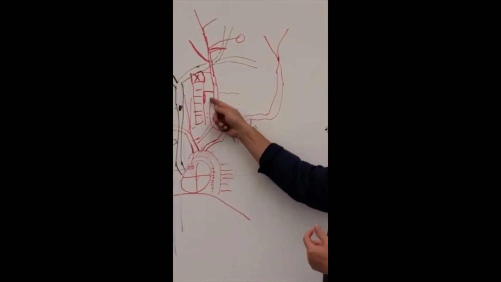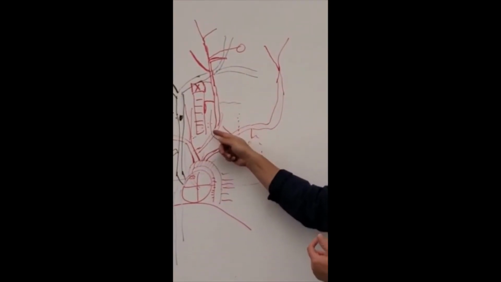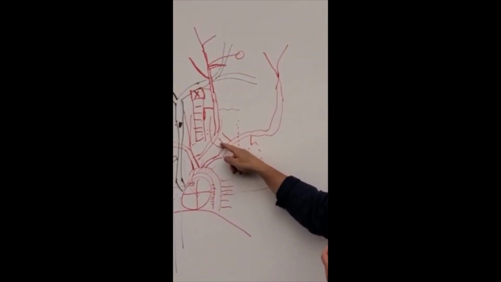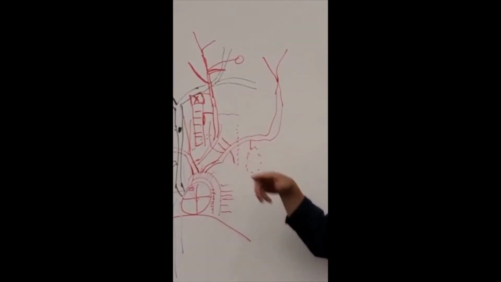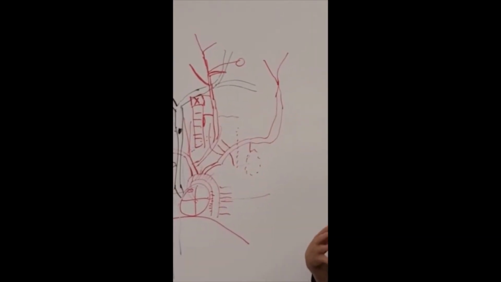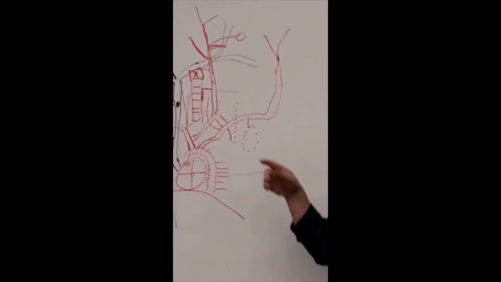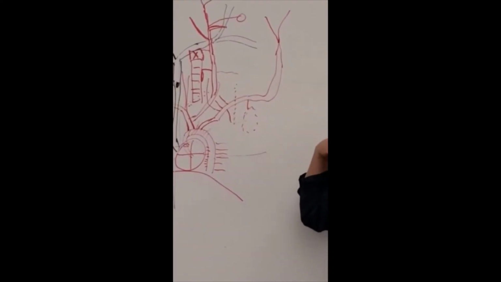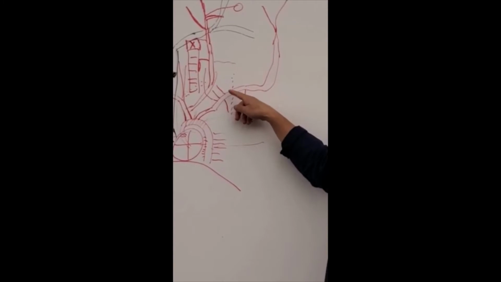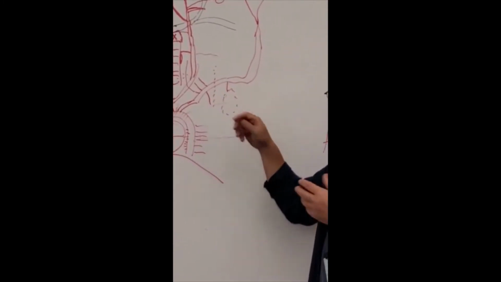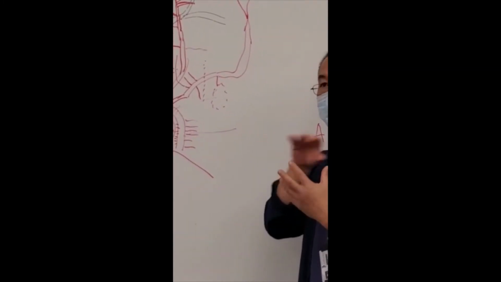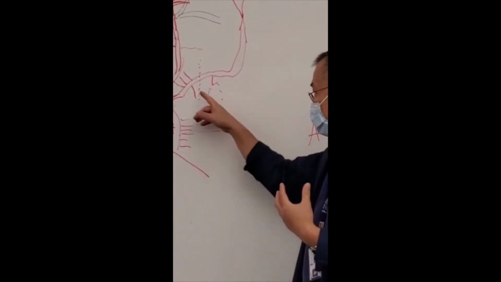Then you get the costocervical and thyrocervical. The costocervical supplies the chest area, and the thyrocervical supplies the muscles in the shoulder. Then one going down, actually going to the front chest, that's the internal mammary.